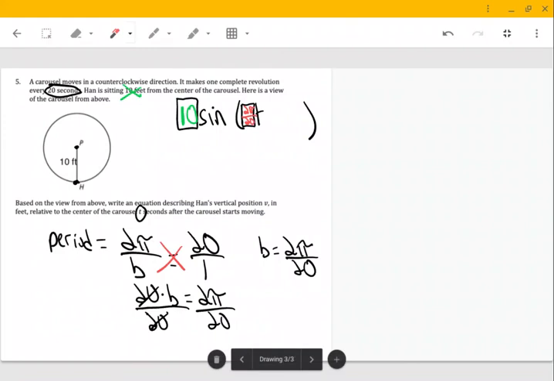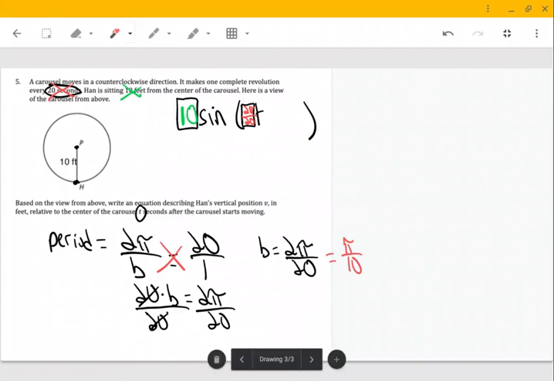If you wanted to, you could reduce this. 2 pi over 20 could reduce to 1 pi over 10, since these are both divisible by 2. So you could put 2 pi over 20 or pi over 10 in front of the t. Either one I would accept as a correct answer. I'm just going to leave it as 2 pi over 20 in this case. All right, so we've used the period.